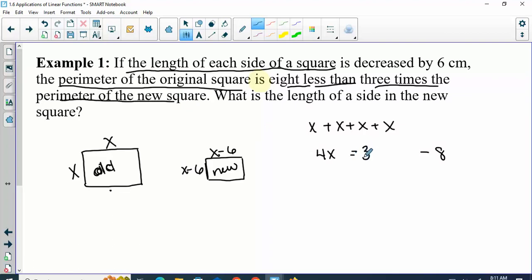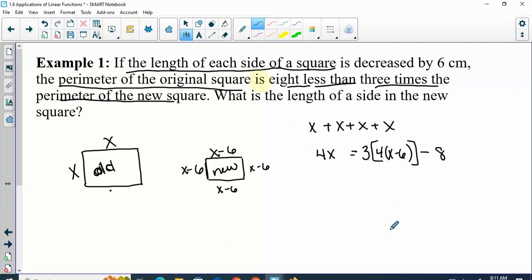Okay, so 3 times the perimeter of the new one. How would I get the perimeter of this? Okay, so the perimeter of that one will be if you added up all the sides, or you think of it as multiplying by 4. And we need 3 times that.